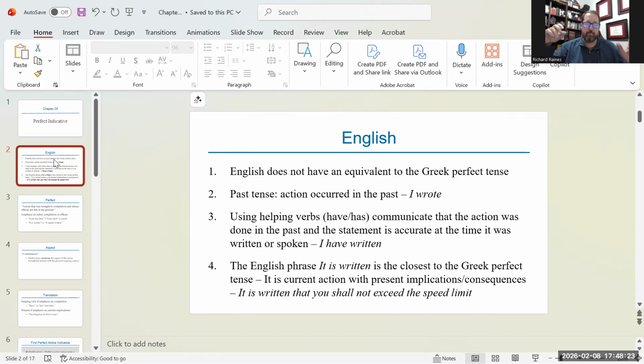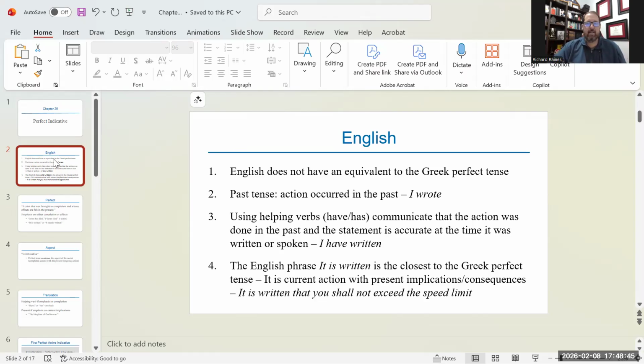So an example of the perfect tense in English. We don't have the perfect tense, but if you're trying to get the closest to the perfect tense, still using this example about I wrote or I have written: it is written that you shall not exceed the speed limit.